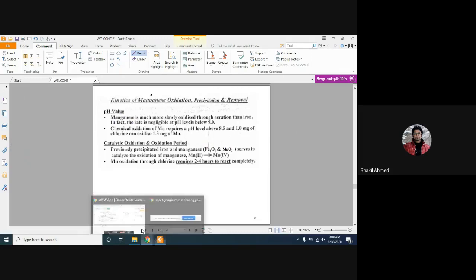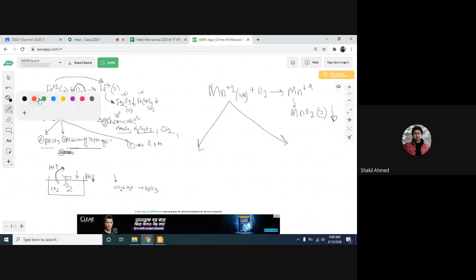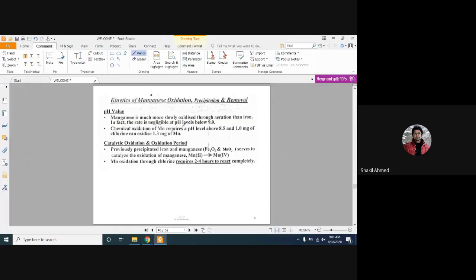In case of iron, you needed greater than 7.3, but here you need a pH value of at least 9. So this is much more difficult. You can see that manganese is much more slowly oxidized through aeration than iron. In fact, the rate is negligible at pH value below 9.0. So you need at least 9.0 to have a considerable amount of oxidation.